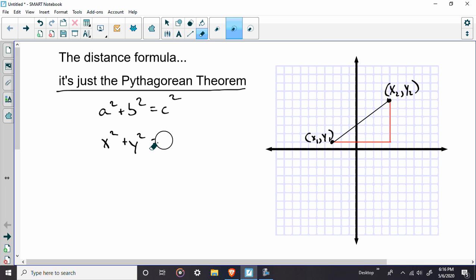Well, let's think about this for a second. If I want to find this distance, d, I also need to know how long is this side. Well, if you notice that this point right here, if we take a look at it, has the same x coordinate as this one up here, right? I went over 1, 2, 3, 4 boxes.